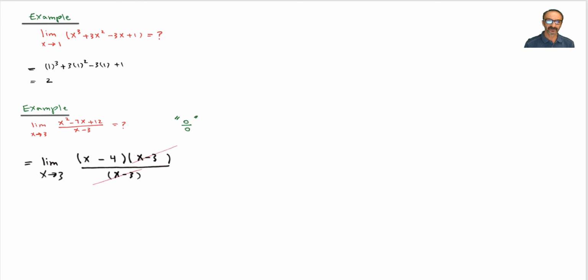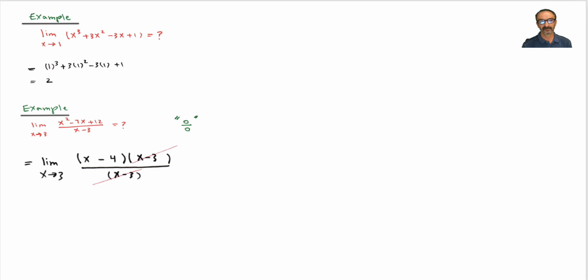You go and factor the top part, and now x minus 3 and x minus 3 cancel. Now you could do that on one condition, assuming that x does not equal 3, because you are approaching 3, so you can't plug in 3. Approaching 3 like 3.001 and numbers like that.